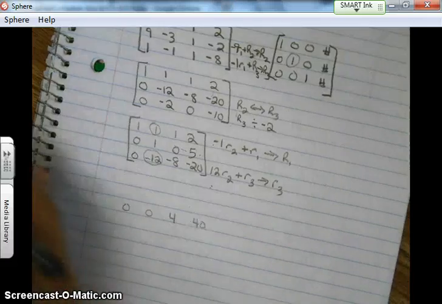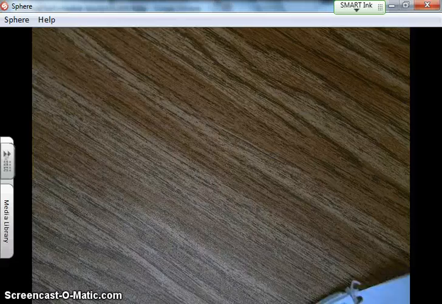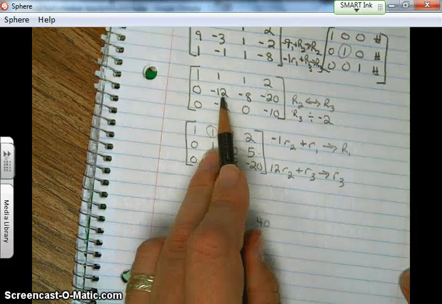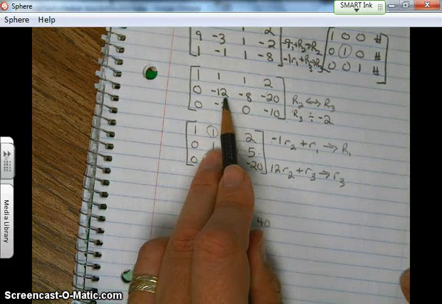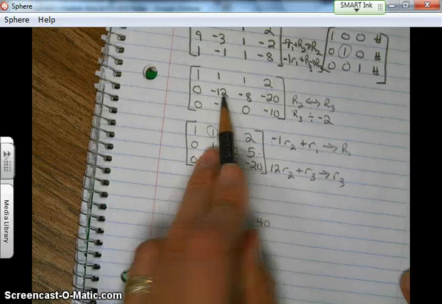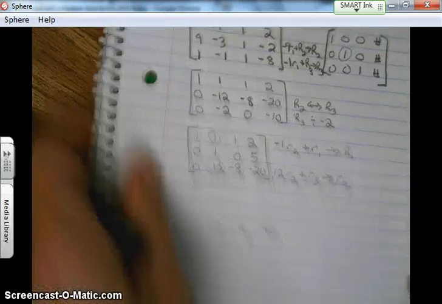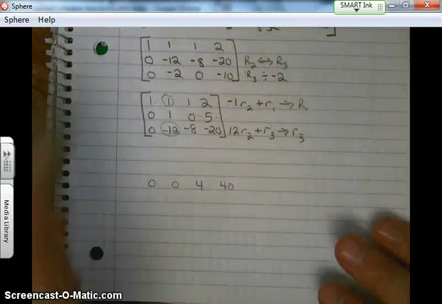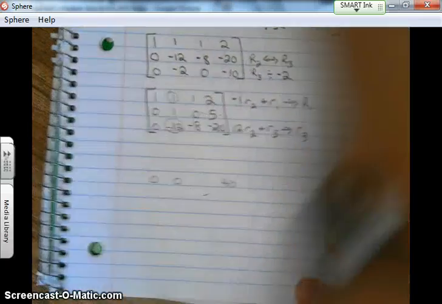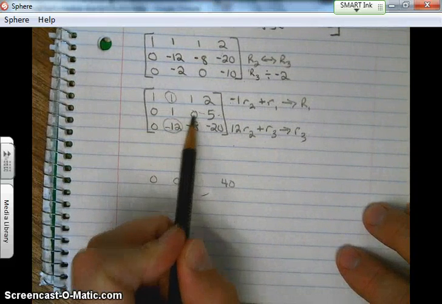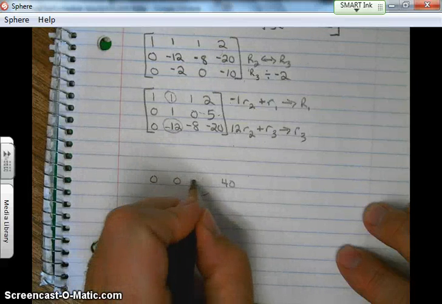I feel like I made a mistake somewhere. Let's double check my work here. This number here, back up here. I think I made a mistake on this one. Alright, figured it out. -12 times 0 is 0, plus -8 is -8, so that stays -8.